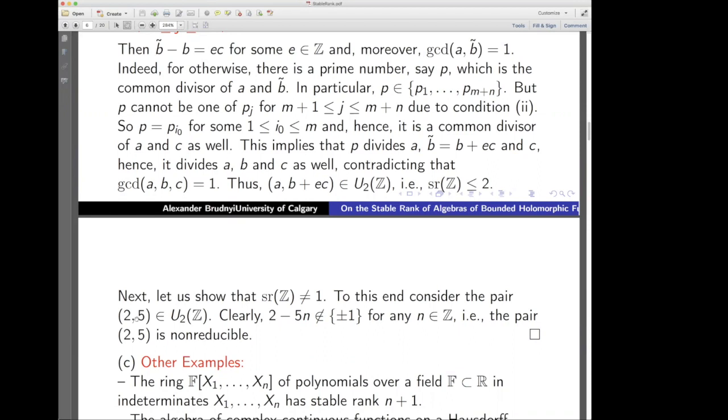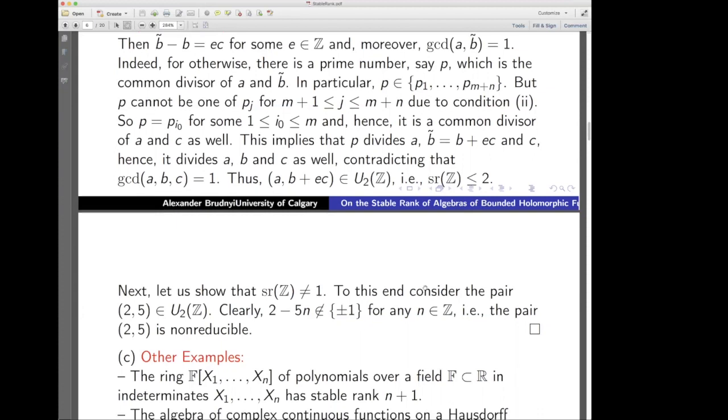However, we cannot obtain plus minus 1 as a subset of 2 minus 5n for n any integer. And therefore, this pair 2, 5 is irreducible, which shows that the stable rank of Z cannot be 1. So it is exactly 2.